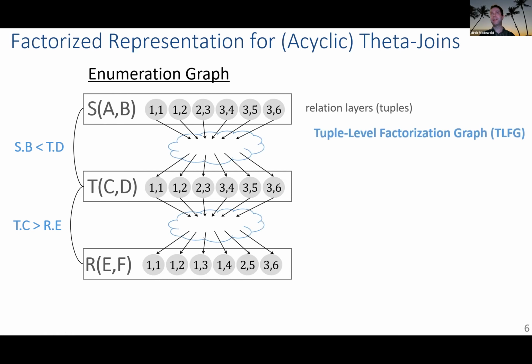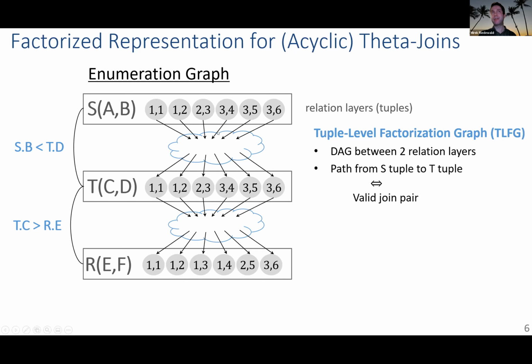Now, in general, if we have a theta join, the structure will look different. It's not just a simple equijoin structure, but we can capture that abstractly with what we call a tuple level factorization graph, or TLFG. And how does this graph look? Essentially, what we have to make sure is, for correctness, it's a DAG between two neighboring layers.